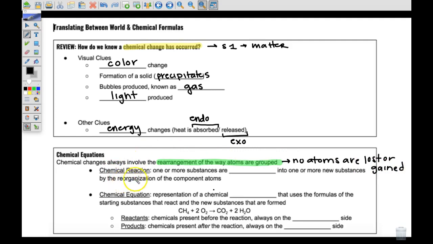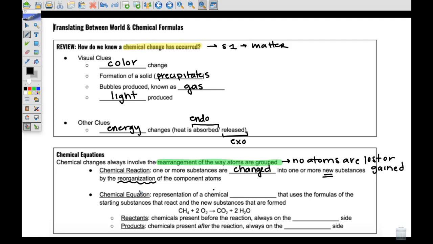So a chemical reaction is one or more substances are changed into one or more new substances by the reorganization of the component atoms, or the reactants.